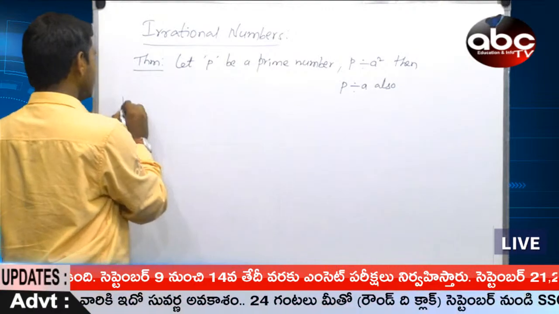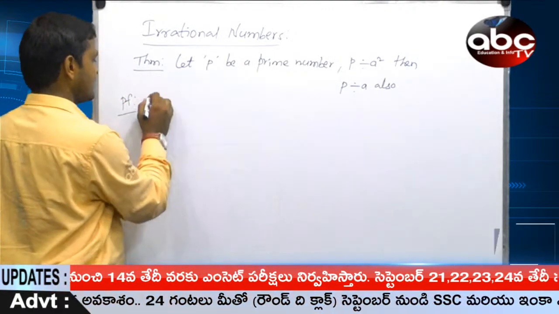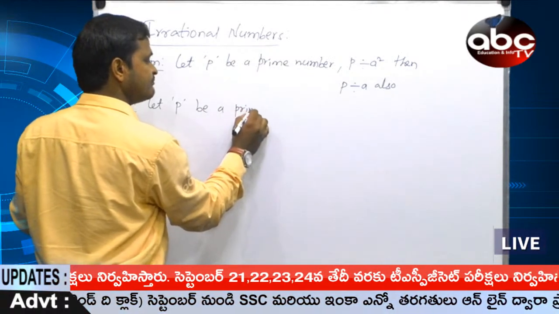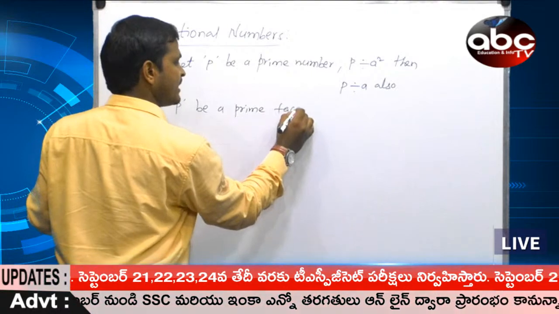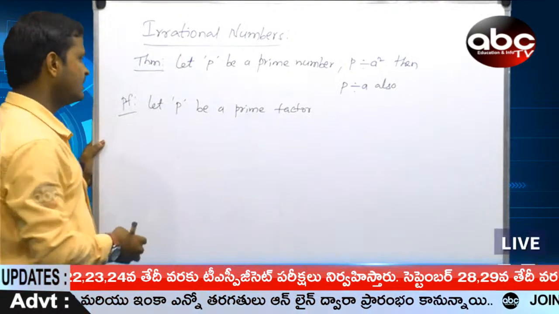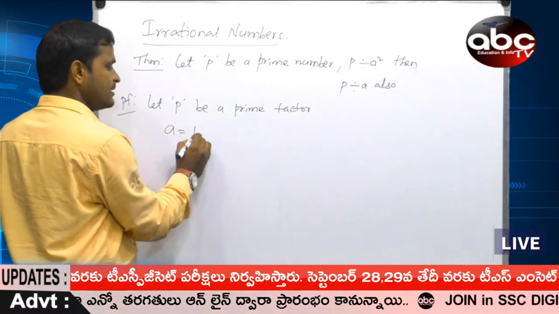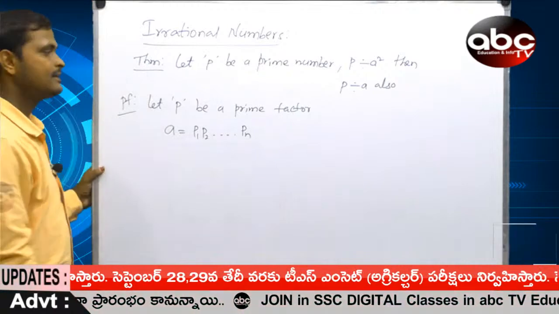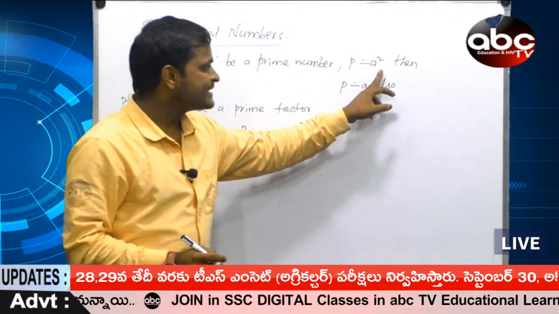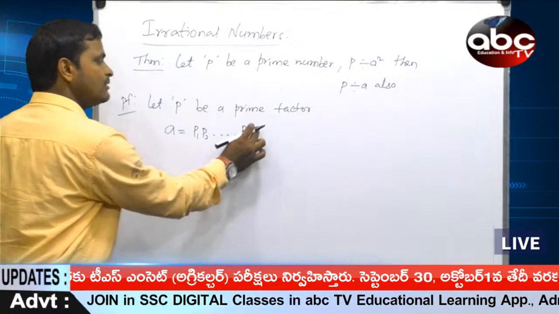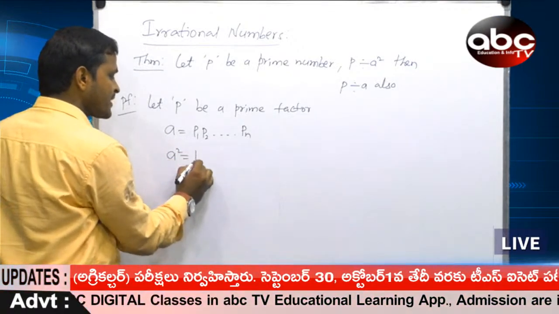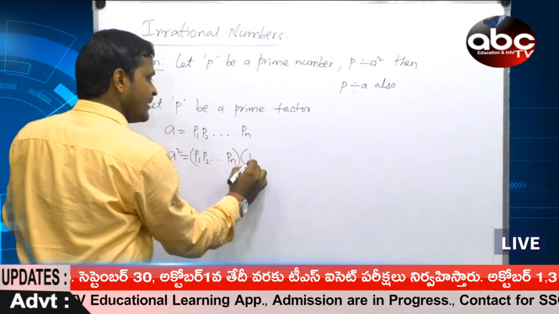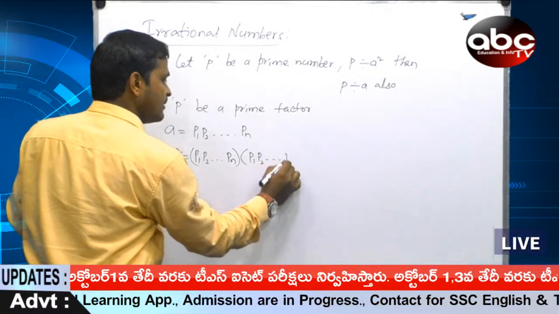See students, proof. Let p be a prime number, then a is equal to p1, p2, so on pn. Then p divides a square. We know the a value, so what is the a square value? It is p1, p2, pn into p1, p2, pn.